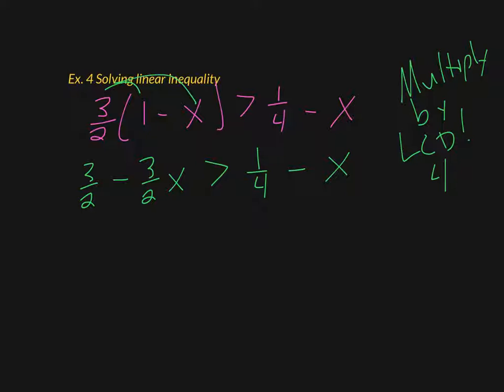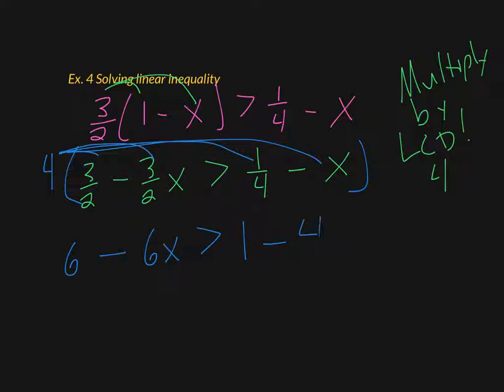So we're going to multiply everything by 4. That's going to give us 4 times 3 is 12, 12 divided by 2 is 6, minus 4 times 3 is 12, 12 divided by 2, again, we've got 6x. This is greater than 4 times 1/4, that's just going to be 1, minus 4 times x, so minus 4x. It makes it much simpler, because you're not trying to find common denominators if you do it this way.